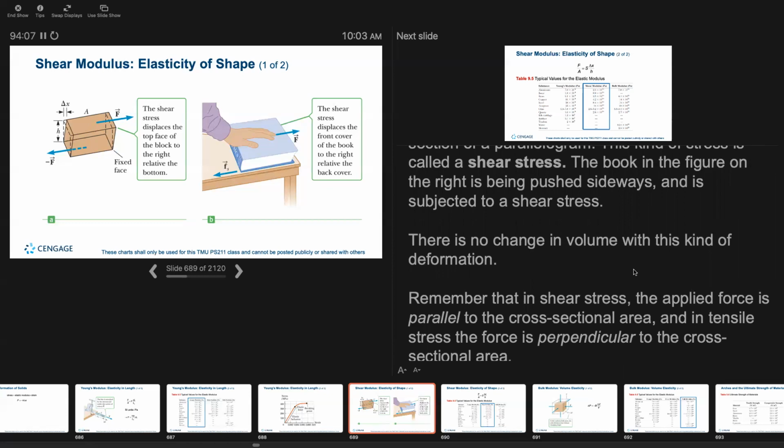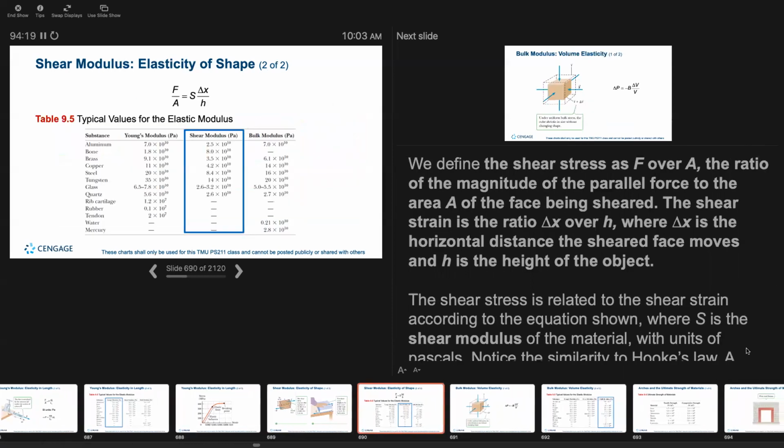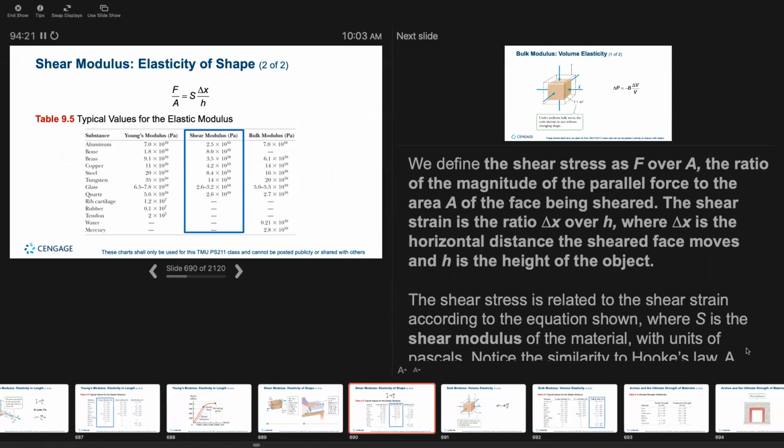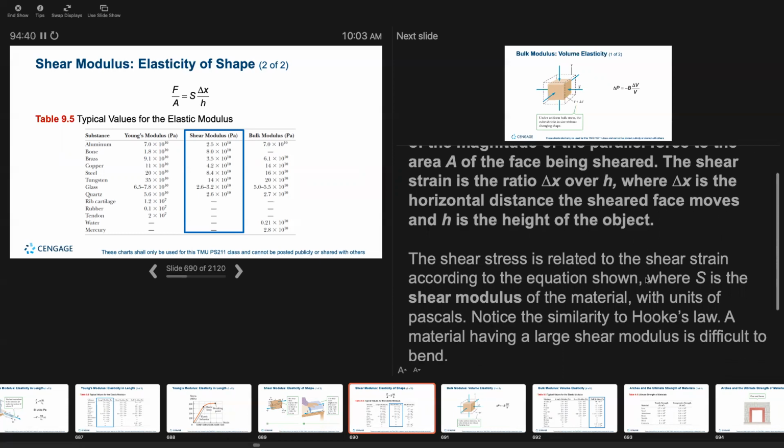Remember that in shear stress, the applied force is parallel to the cross-sectional area, and in tensile stress, the force is perpendicular to the cross-sectional area. We define the shear stress as F over A, the ratio of the magnitude of the parallel force to the area A of the face being sheared. The shear strain is the ratio of delta X over H, where delta X is the horizontal distance the shearing face moves, and H is the height of the object.